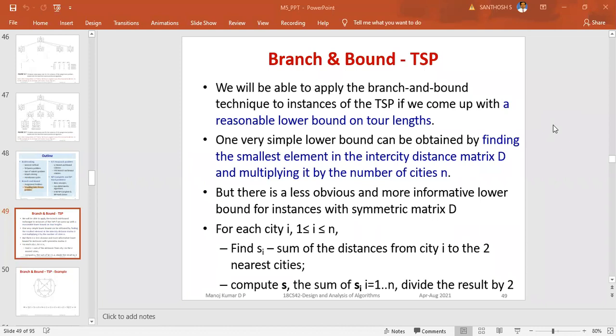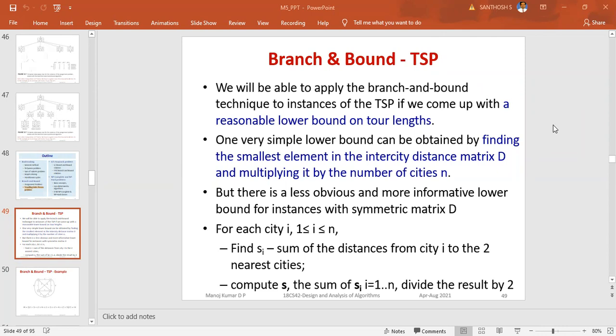So what is the general concept of the traveling salesman problem? One person should travel starting with the source and visit all the nearby cities and finish at the starting point only. So start with the same city, travel to other cities and finish with the same city. That is the traveling salesman problem. Here you have to discuss two things.